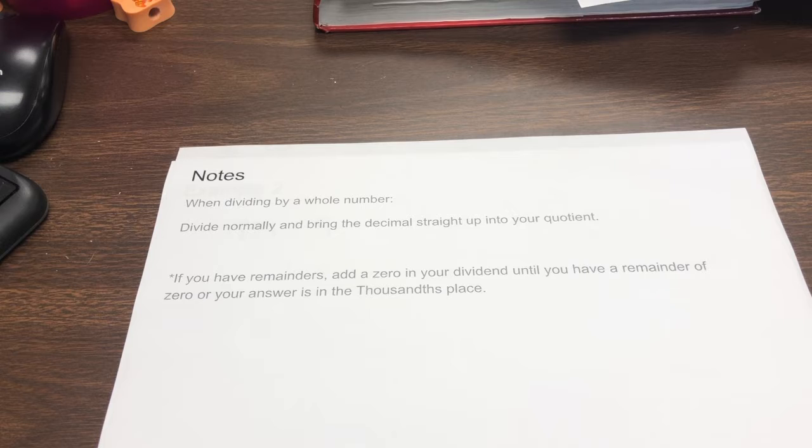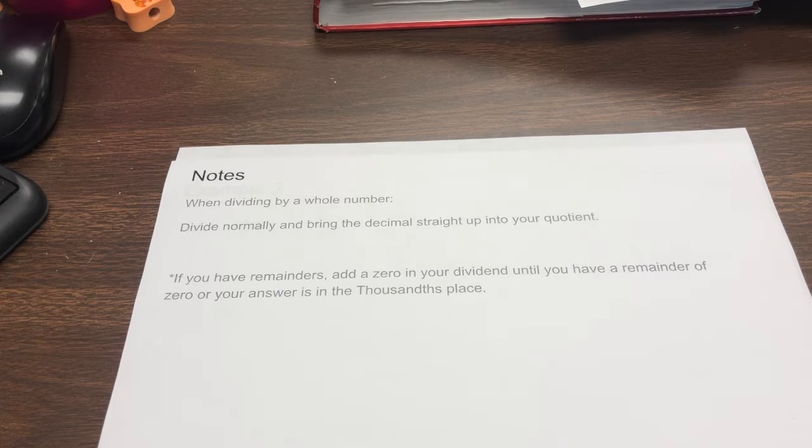So when dividing by a whole number, you're gonna divide normally and then just bring the decimal straight up into your quotient. So if you have remainders, this is the big difference when you are dividing decimals. You don't just stop and say, okay, remainder of 4. You can add a 0 in your dividend until you have a remainder of 0, so until you do not have any other remainders.